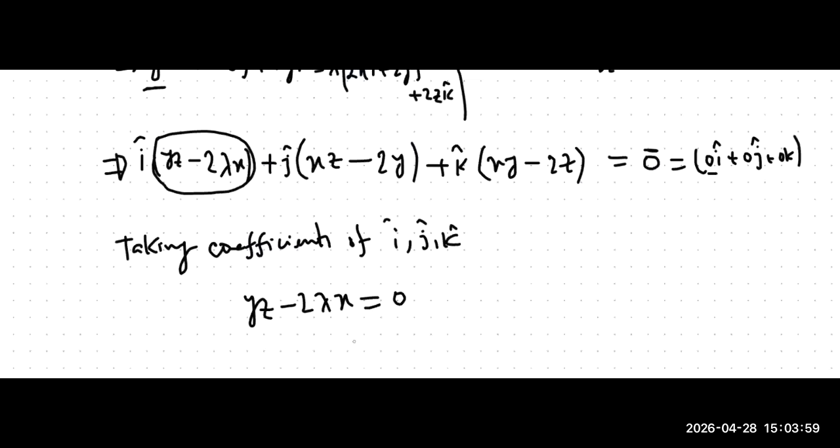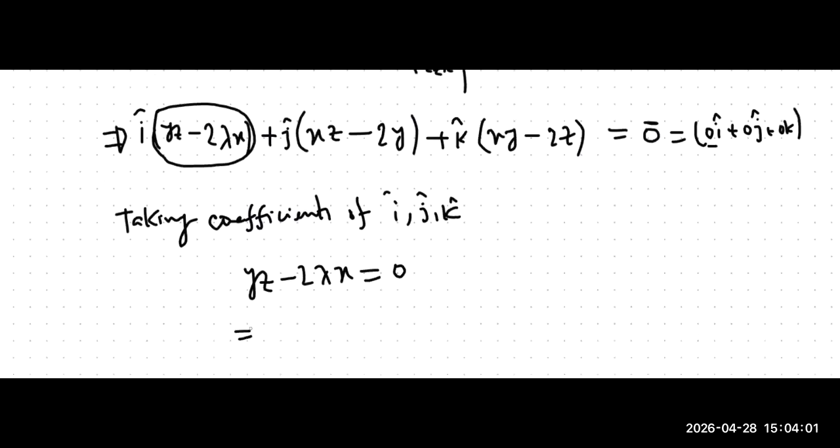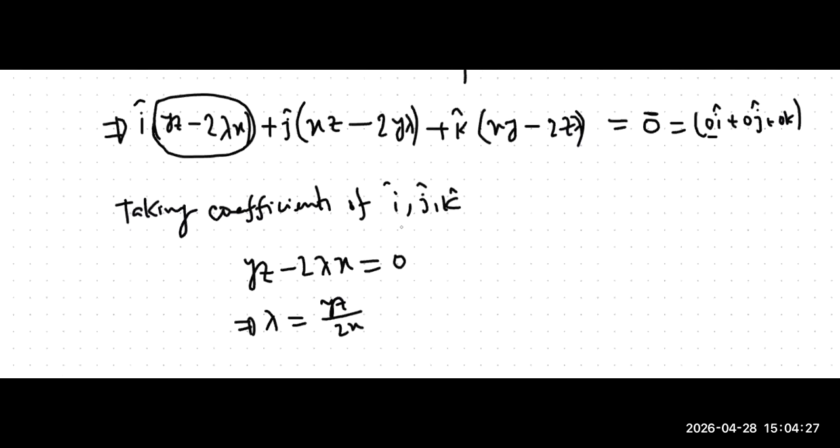So better we can calculate lambda from this equation, which is yz. Yes. Sir, xz minus 2y, ওখানে ল্যামডা আর ইউজ করি নাই কেন? Okay, I'm sorry, এখানে lambda হবে. I made a mistake. So this quantity এখানে lambda থাকবে. I'm sorry. Okay, so from the first coefficient, lambda is yz divided by 2x. So let's say this is equation number 3.